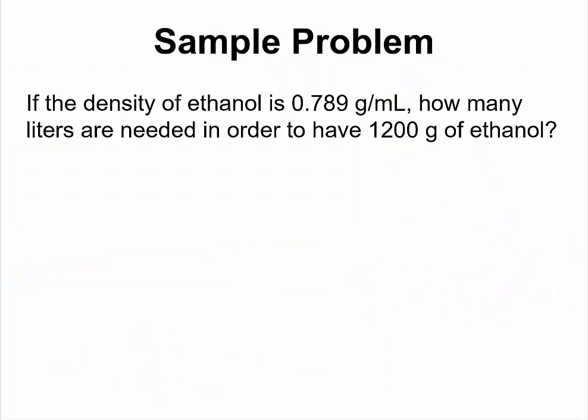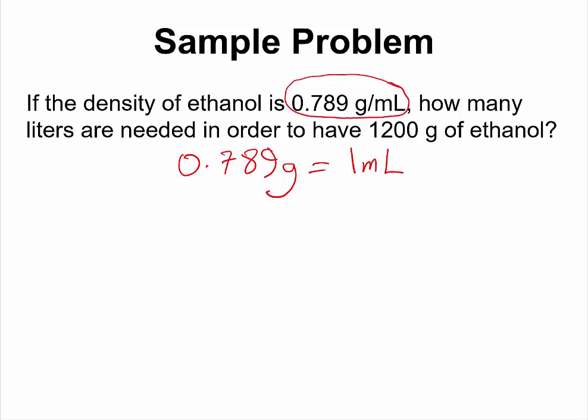If the density of ethanol is 0.789 gram per milliliter, right there we can immediately see that we can express this as a conversion factor. That is the same thing as saying 0.789 grams is equal to 1 milliliter, because that is literally the meaning of gram per mil. 0.789 grams is equal to 1 milliliter of ethanol.